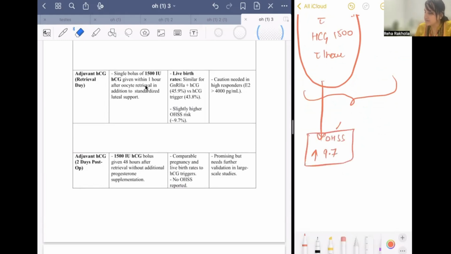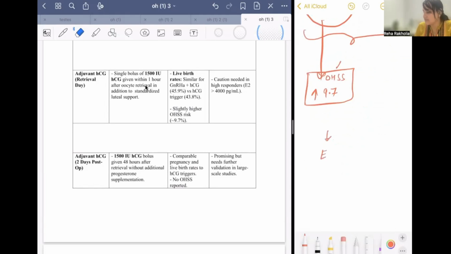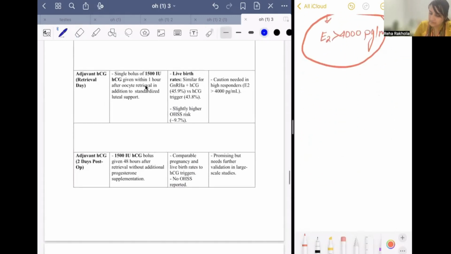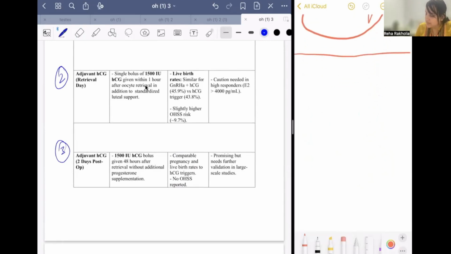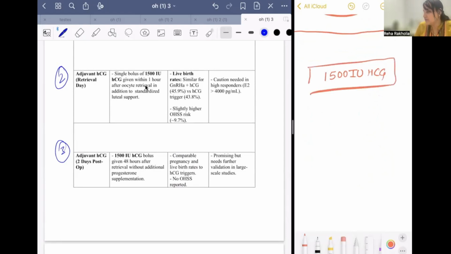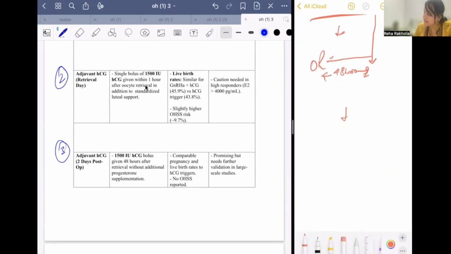So this protocol is used with caution in high responder, means if there is E2 level more than 4,000 picogram per ml, we won't use this protocol. Okay. Now third is adjuvant HCG 2 days post OPU, means in this protocol 1500 international unit HCG bolus is given 48 hours after oocyte retrieval, but without additional progesterone supplementation.